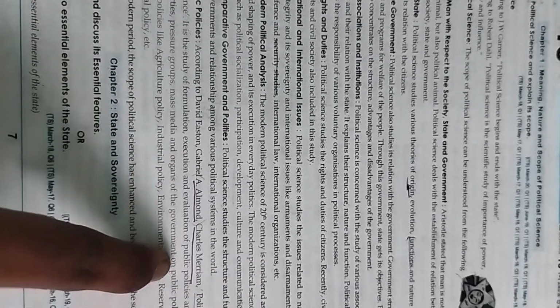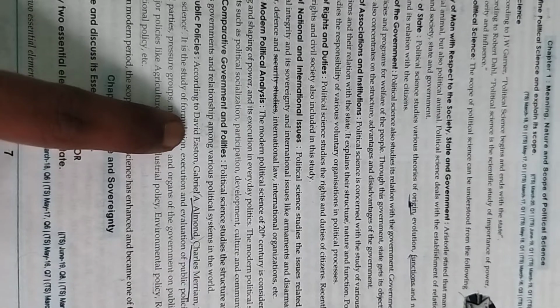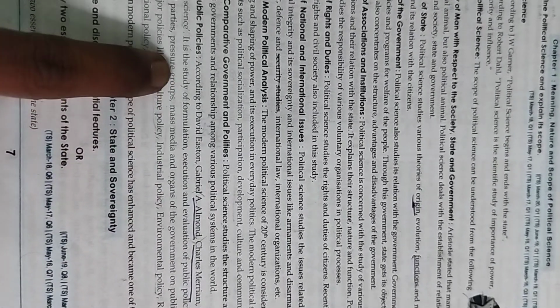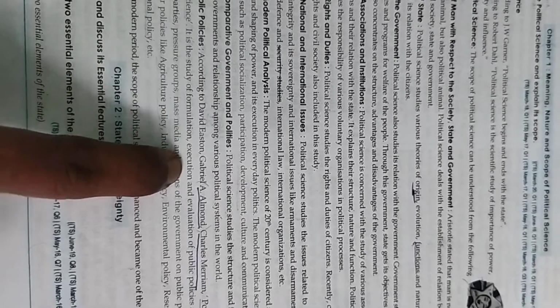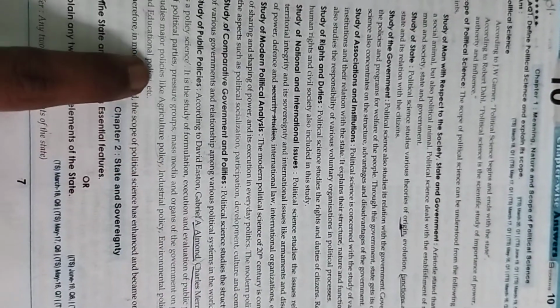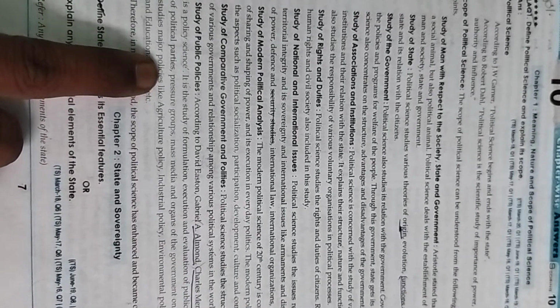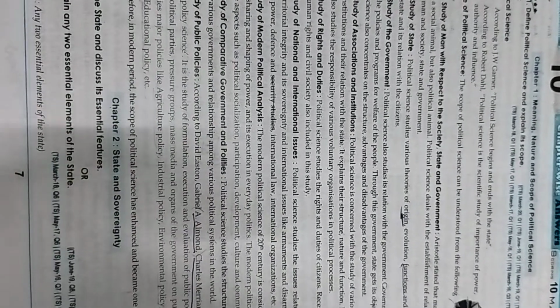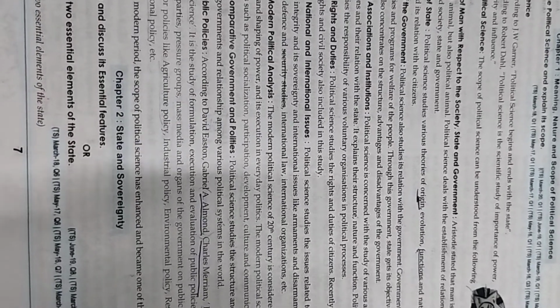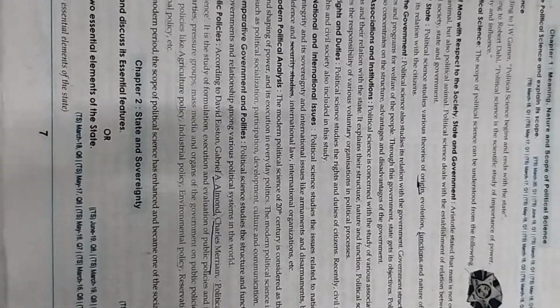If you know, you can write one more also. It is a study of formation, execution, and evaluation of public policies and influence of political parties, pressure groups, mass media and organs of government on public policies.